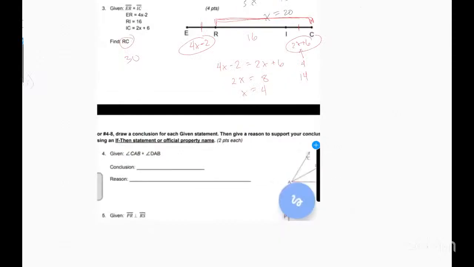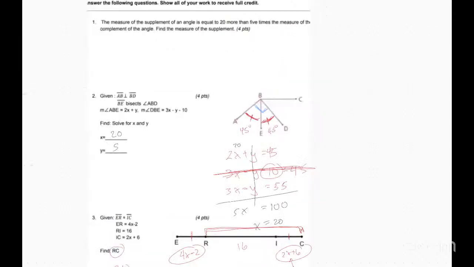You got any other ones on here you need help with? Number 1 that you have at the top. Number 1: the measure of the supplement of an angle is equal to 20 more than 5 times the measure of the complement. So for this one, you just have to kind of practice doing these kind of problems.